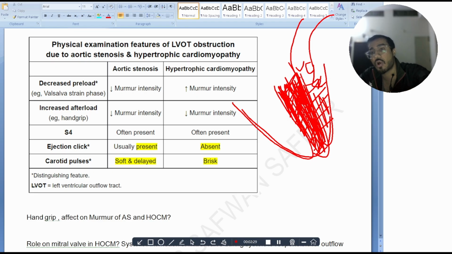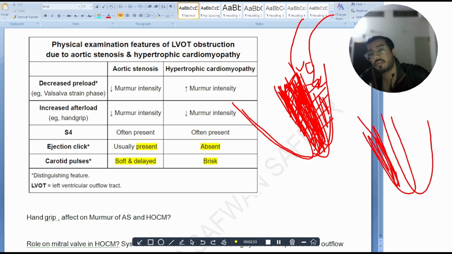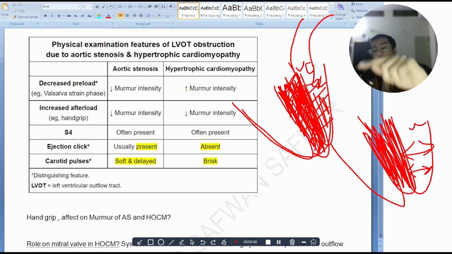Whereas if there's a lot of blood in the chamber, despite the ventricle being really thick, like I've shown here, that keeps the systolic anterior motion of the mitral valve and the interventricular septum not that much approximated, which results in a better movement of blood from the left ventricle into the aorta.